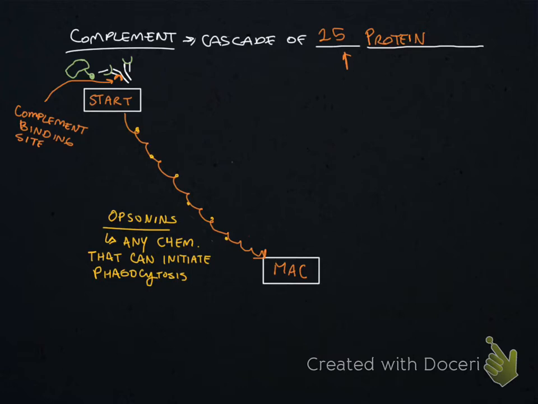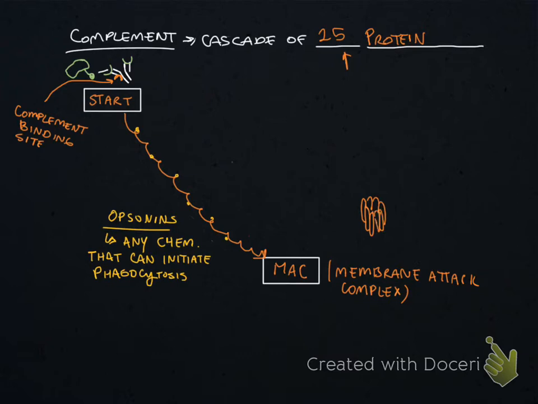And at the end of this cascade, we form this MAC. MAC stands for membrane attack complex. And what it does is it pops the pathogen by forming a channel. So we have this sort of complex of proteins.